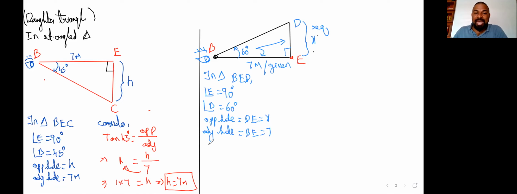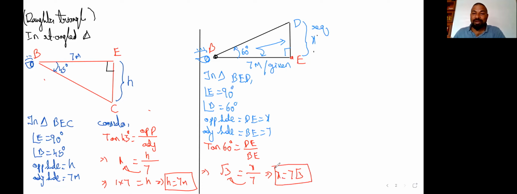Obviously, again tan. Tan 60 degrees is equal to opposite DE by adjacent BE. Substituting the values, tan 60 is √3, so √3 equals X by 7. If you cross multiply, we get X is equal to 7√3.